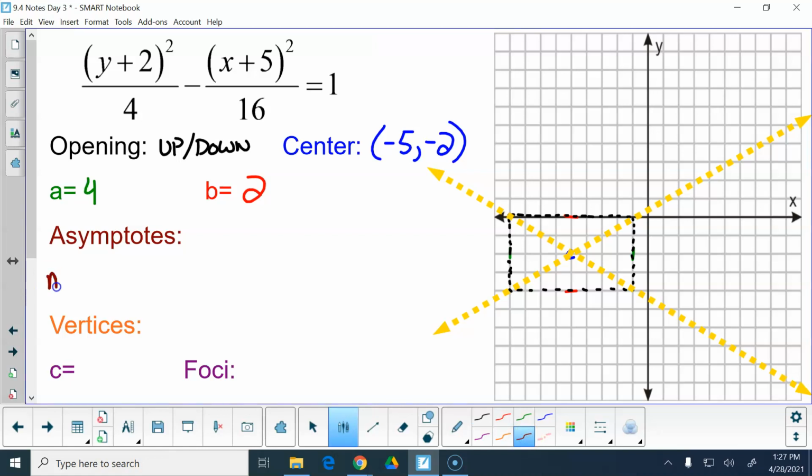The slope of the asymptotes is going to be plus and minus b over a. That's 2 over 4. 2 over 4 gets reduced down to 1/2.